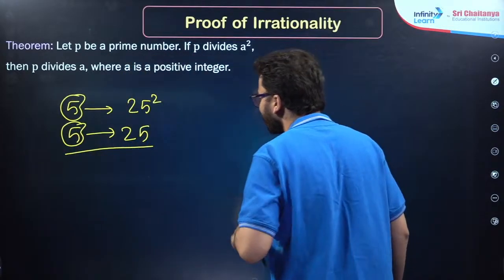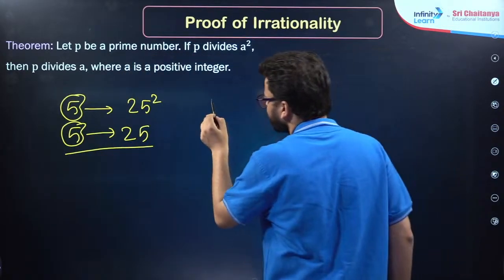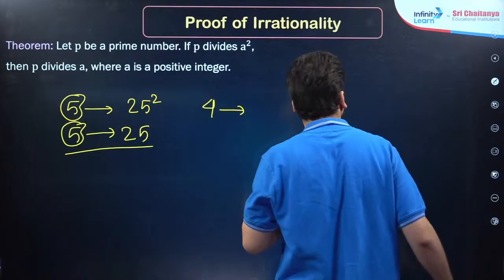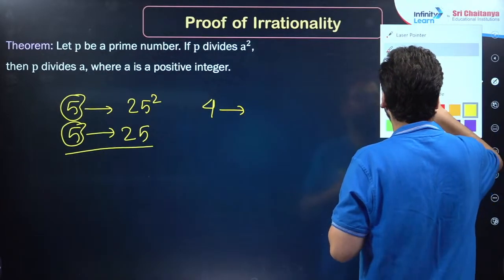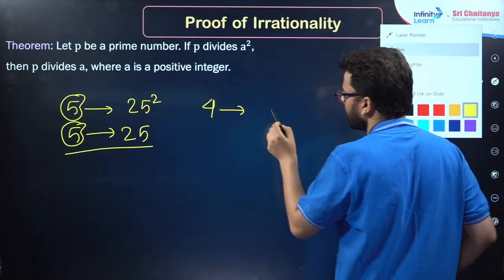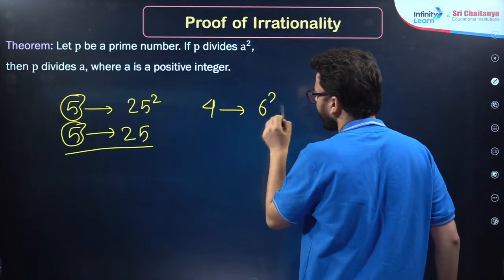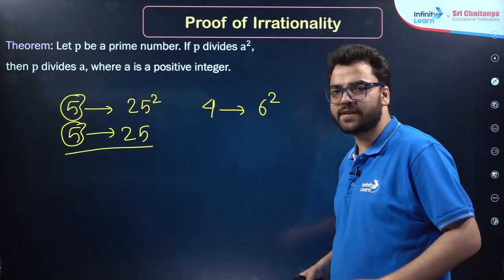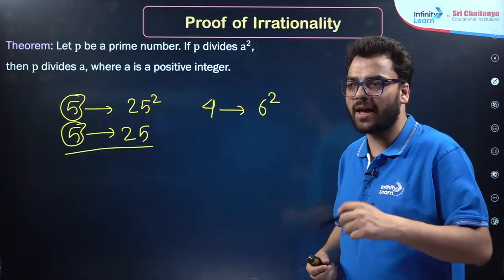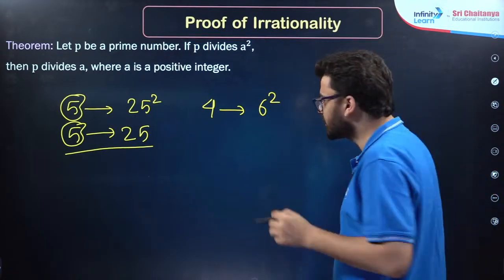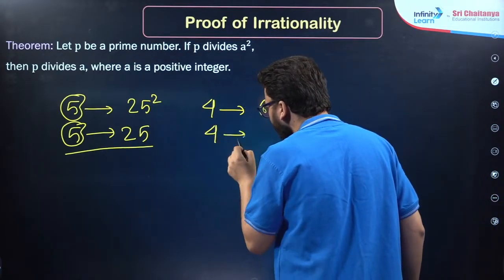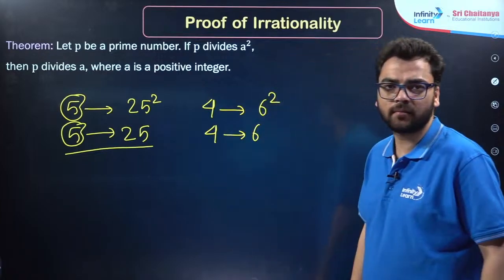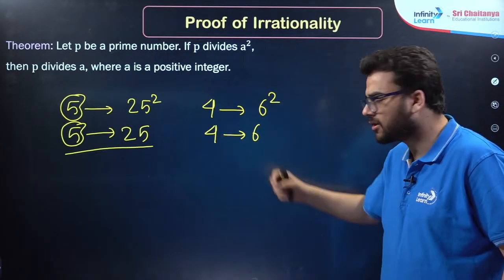For example, see one thing. 4 divides 6 square, right? 4 is a factor of 6 square. 6 square is 36. 4 nines are 36. But does 4 divide 6 as well? No. 4 is not a factor of 6.